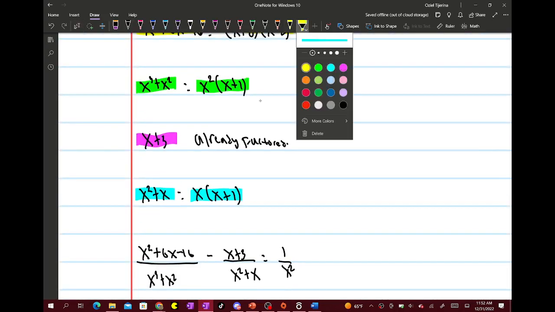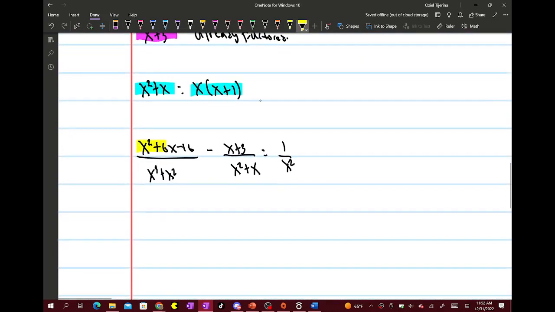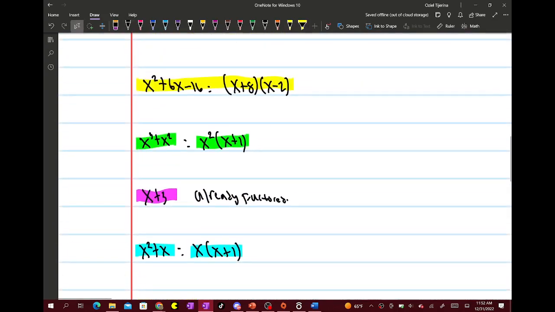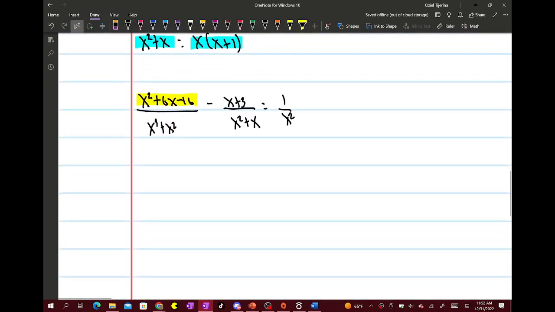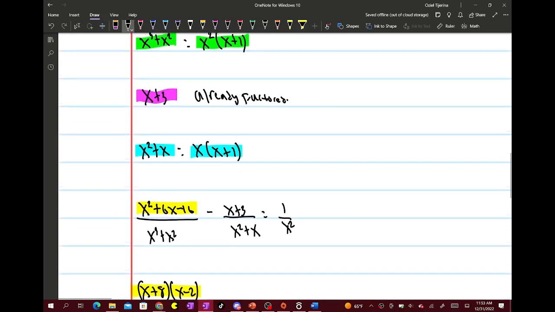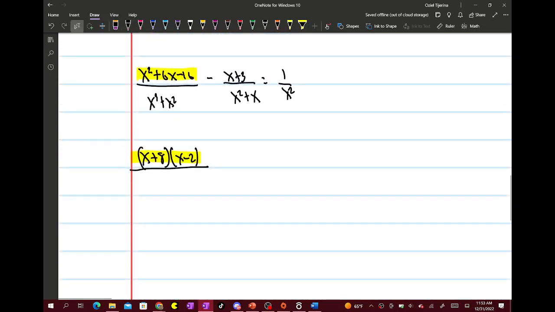We said that this part is going to be x plus 8 times x minus 2, over x cubed plus x squared, which was x squared times x plus 1.